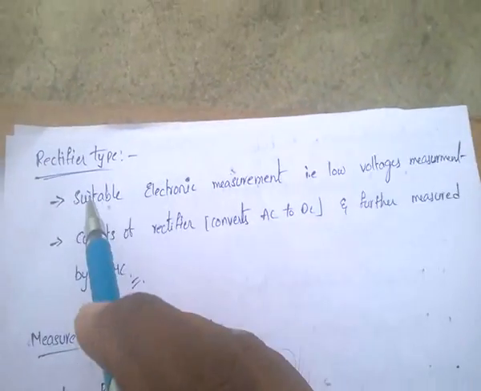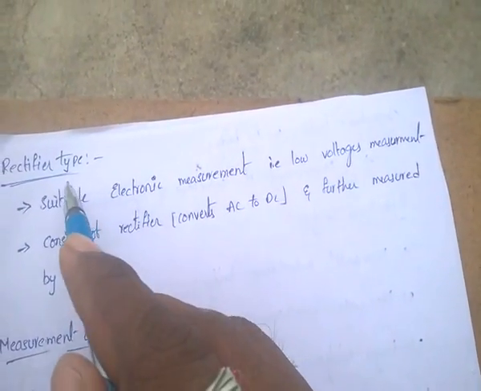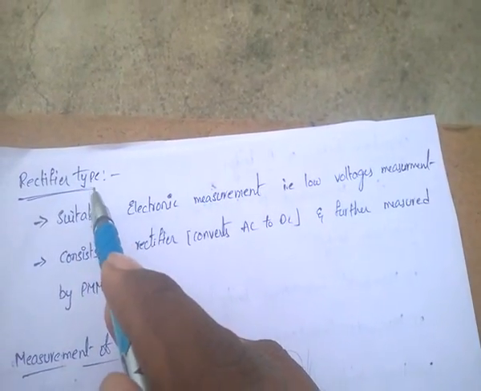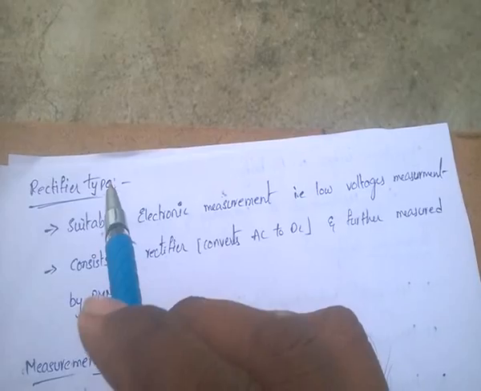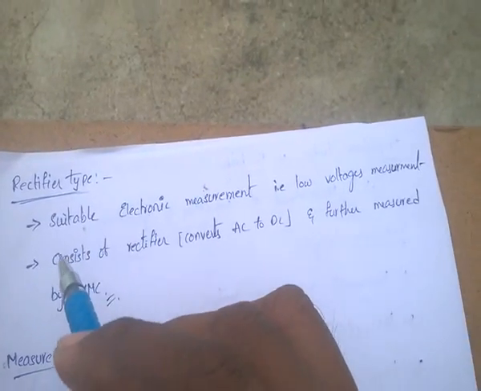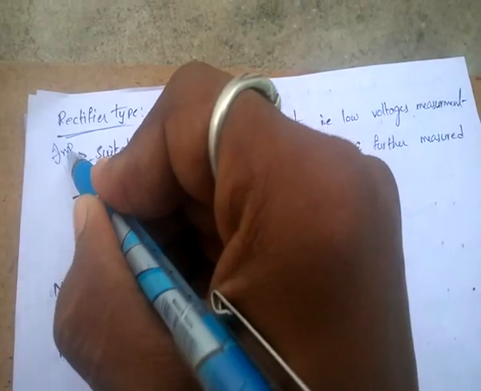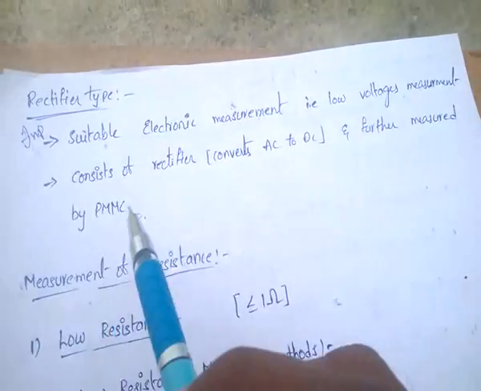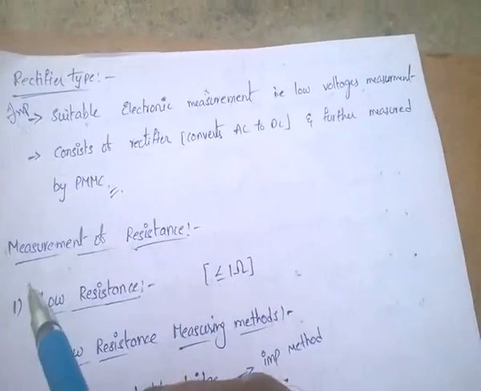Next, rectifier type instruments. These rectifier type instruments are mainly used for electronic measurements, that is low voltage measurements, mainly suitable for electronic type instruments. The meter which is suitable for electronic measurement is the rectifier type.